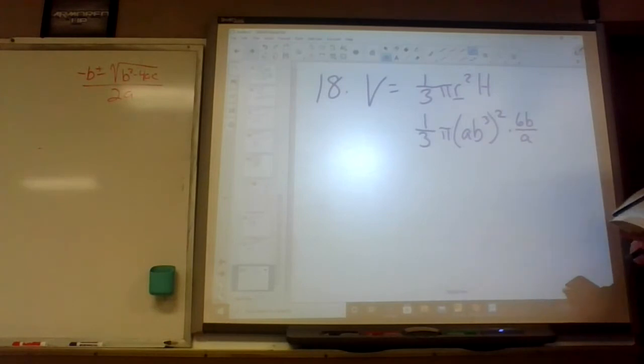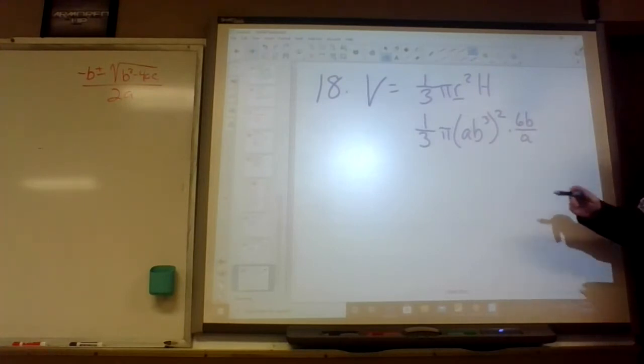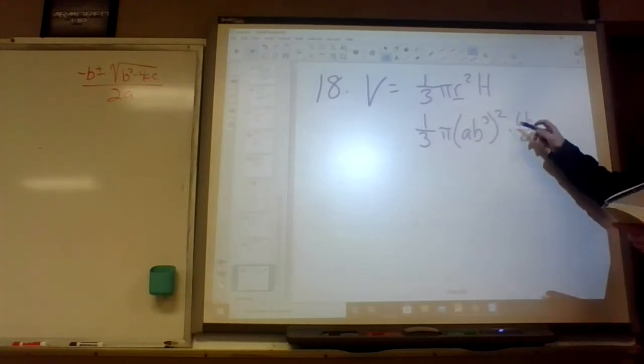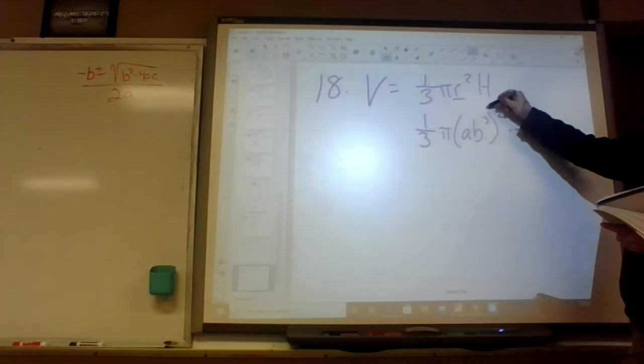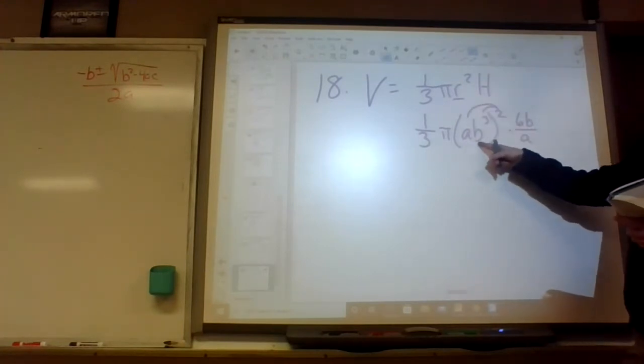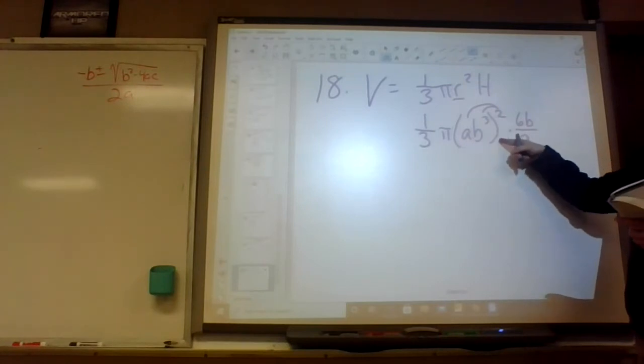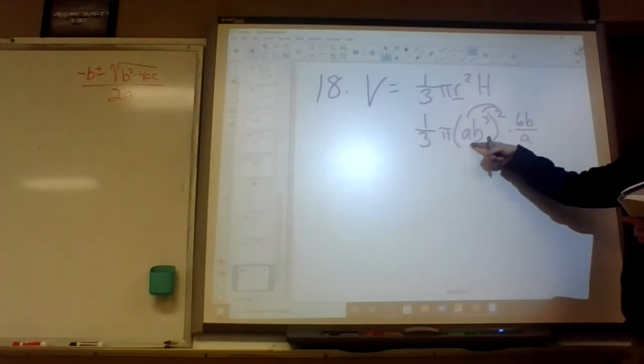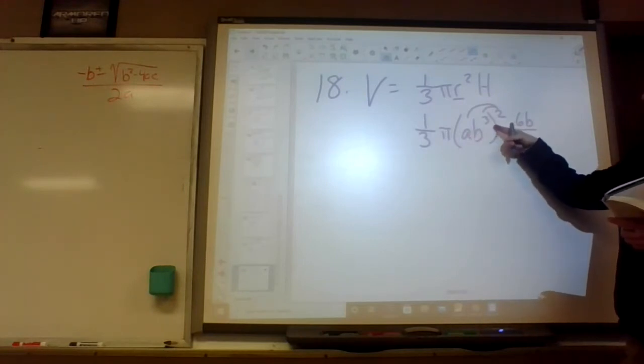So, we're supposed to simplify that. What about the pi? How do you simplify? Pi can't really do much. Well, what can we do? What does this become in parentheses? A^2 B^6, right?